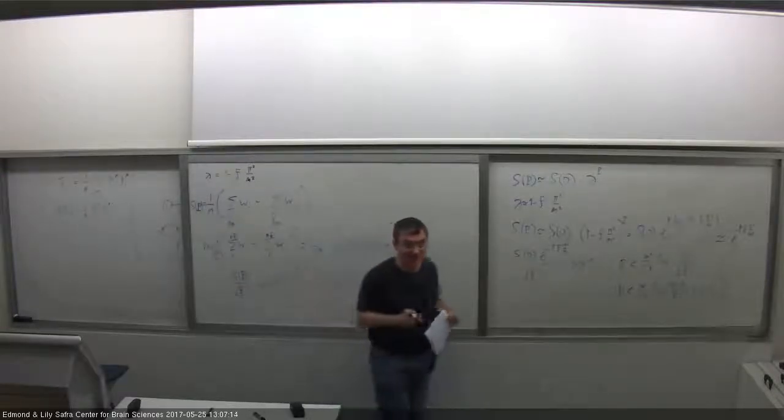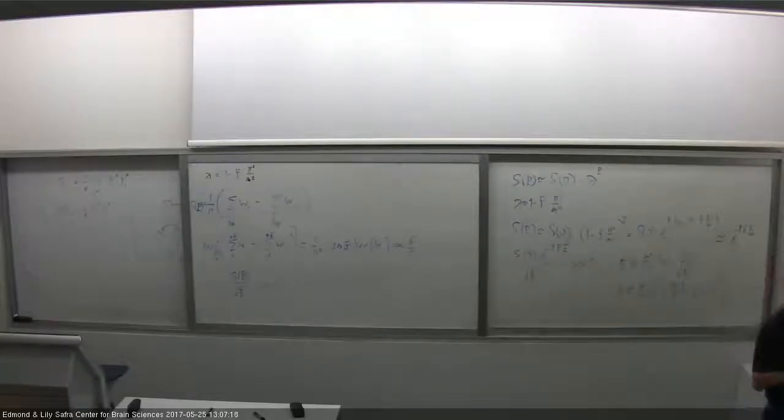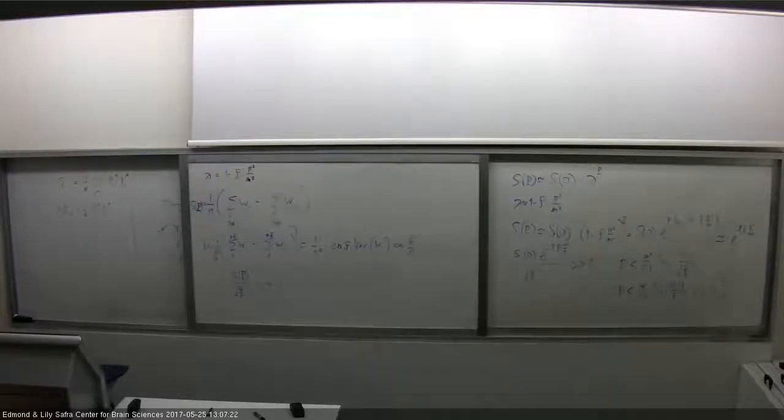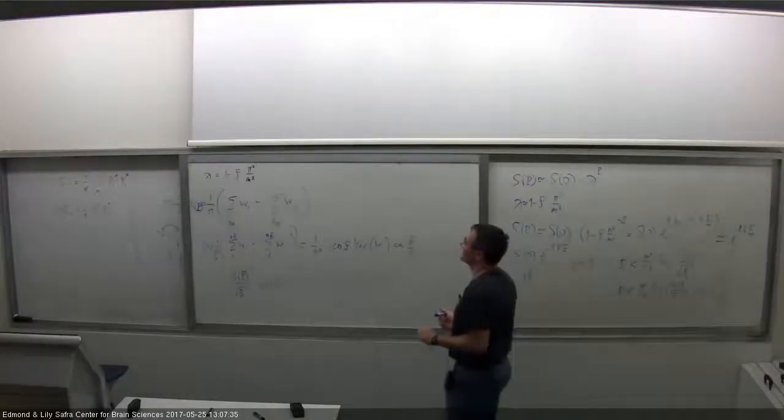This would be the magnitude of the signal. But here I'm cheating a little bit. Why am I cheating? Looking at my eyes, you say, he must be cheating. It's like playing poker. He's bluffing.